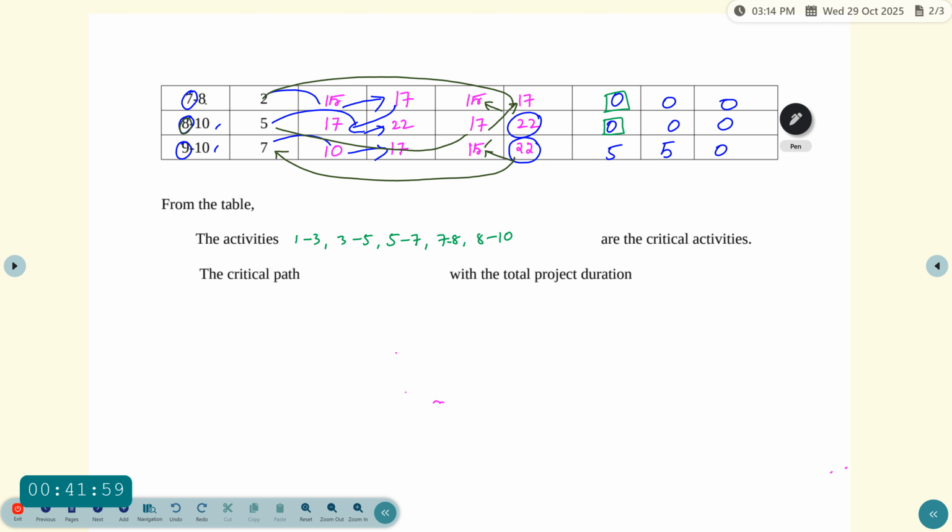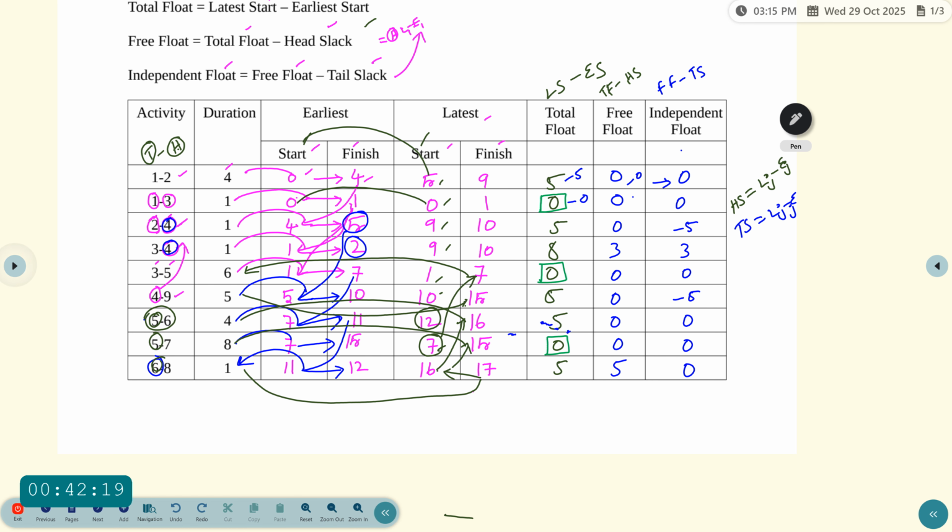Connected, we have 1 to 3, 3 to 5, 5 to 7, 7 to 8, and then 8 to 10, which is the critical path with the total project duration.